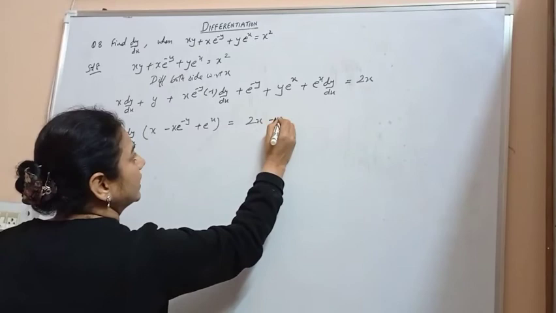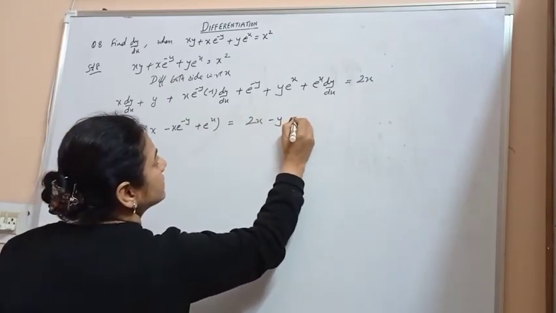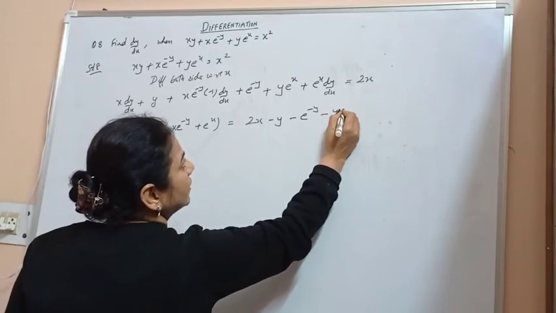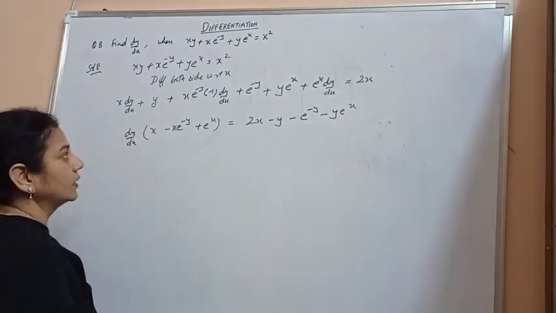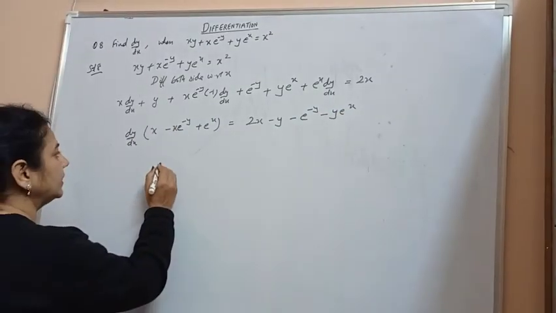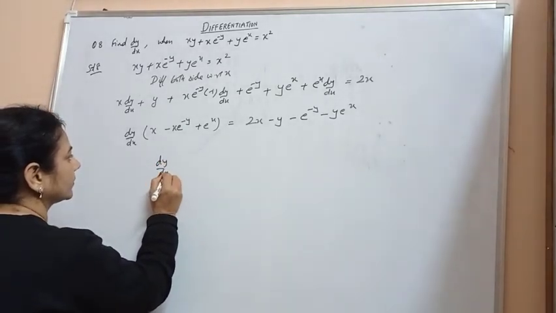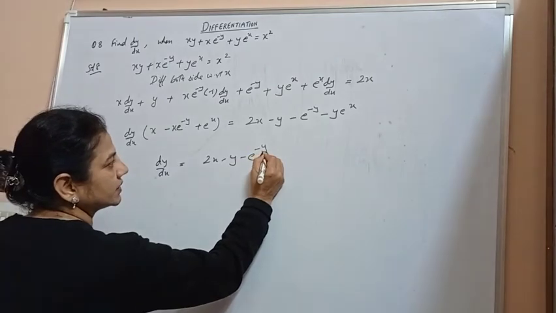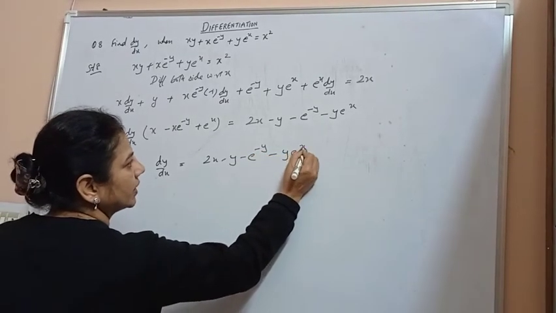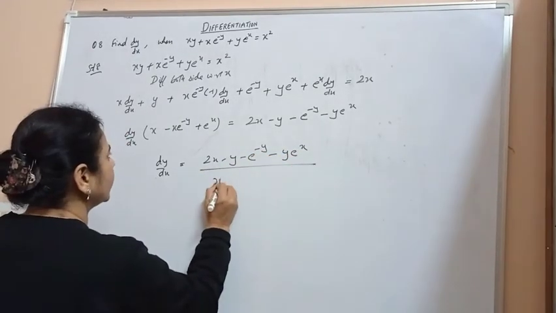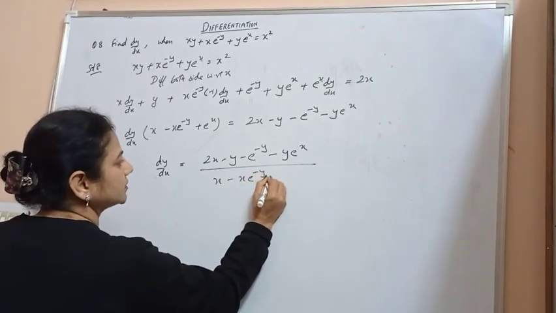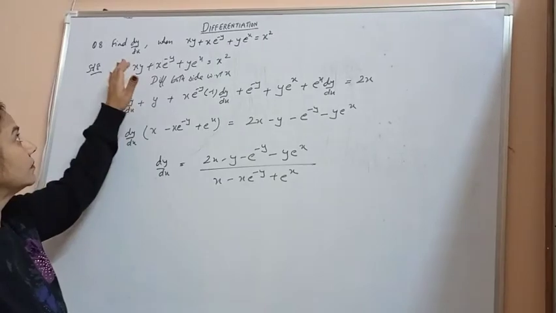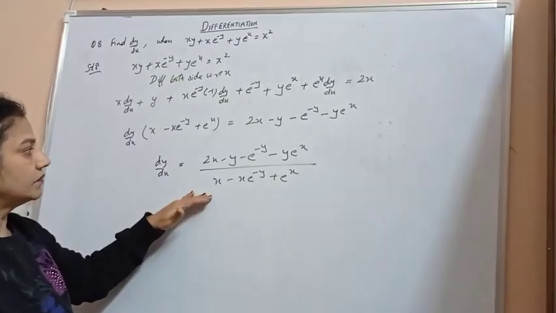So it will give me minus y, and the rest is minus e to the power minus y minus y e to the power x. So dy by dx is 2x minus y minus e to the power minus y minus y e to the power x divided by x minus x e to the power minus y plus e to the power x. So the derivative of the given function is given in this form.